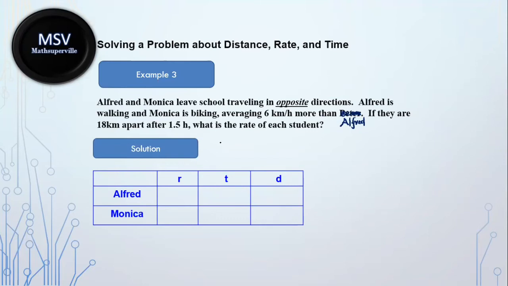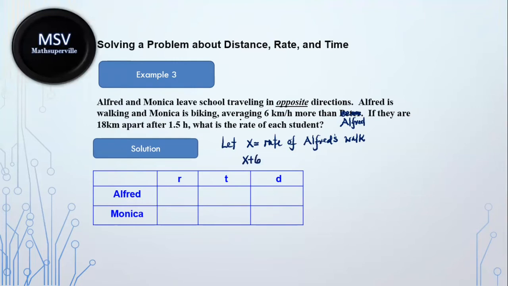So let x be the speed of Alfred, or the rate of Alfred's walk. So that means Monica is biking at the rate of x plus 6.